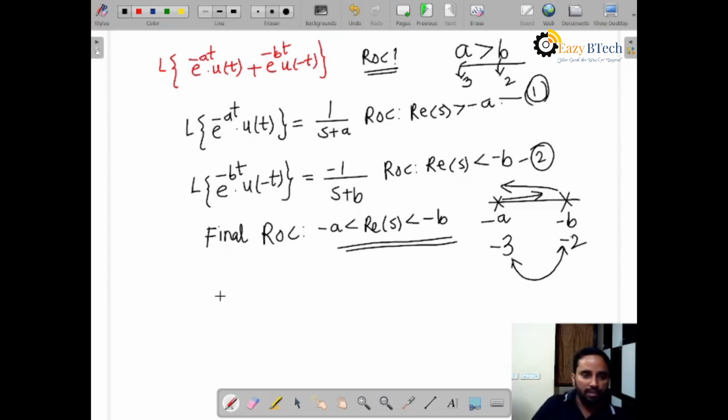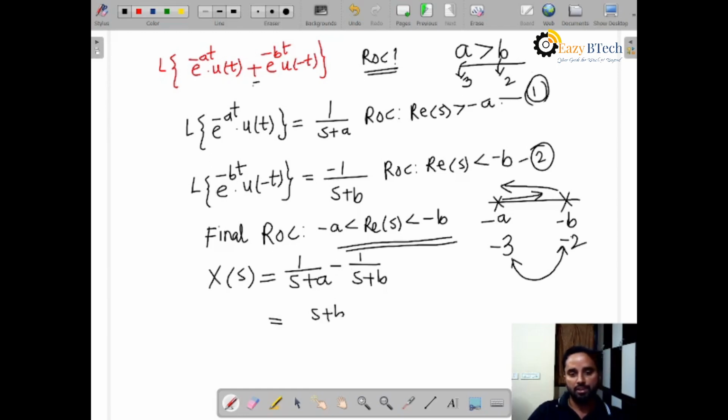After the ROC, we can write the final answer. X(s) equals 1/(s+a) plus minus 1/(s+b). So do the LCM here: (s+b) - (s+a) divided by (s+a)(s+b).